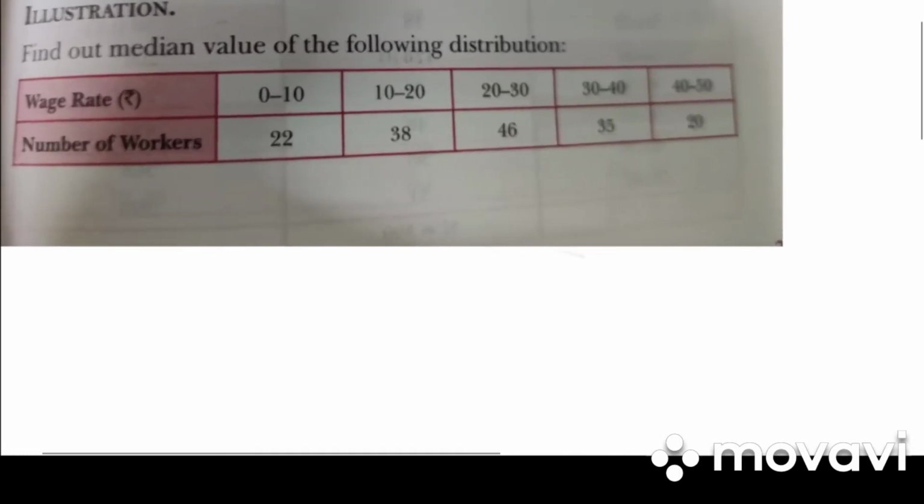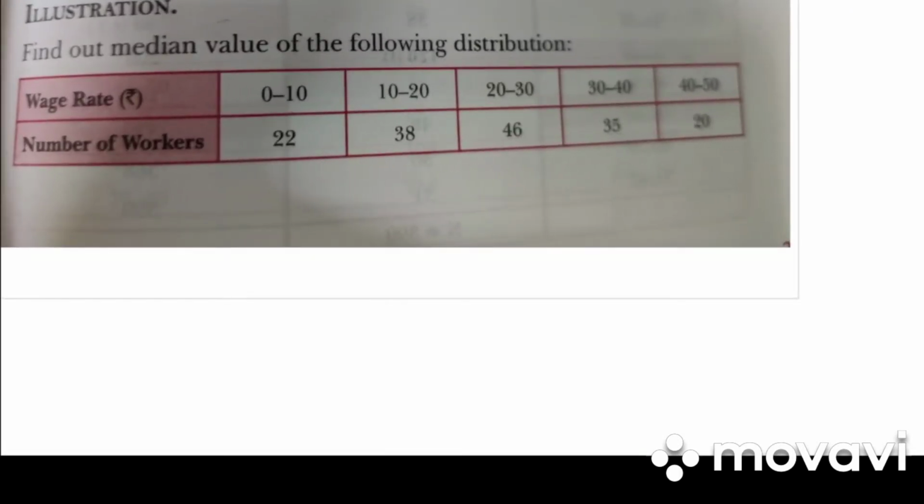So take down an illustration. Find out the median value of the following distribution. We have wage rate and number of workers. Wage rate is given, that is the class interval. Then they have given us the number of workers, that is the frequency.